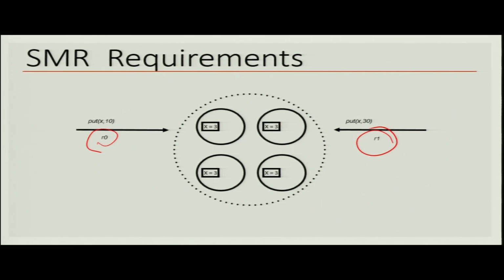So, if this guy decides that I will do R1 first and this guy decides I will do R0 first, and then this guy does R1 and this guy does R0 later, then this guy will end up with 30 and this guy will end up with 10, which is no good, because all the replicas should have an agreement on what their state is all the time. So, therefore, we have to make sure that the transactions are ordered correctly.